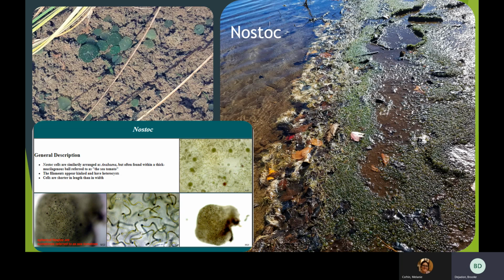Nostoc can also be symbiotic within the roots, or multiple parts of plants, and has been found to be symbiotic in the cycad tree and able to transfer the toxins that they produce and biomagnify up through to the fruit of the cycad tree. So there's also the element of biomagnification through the food web for the toxins.